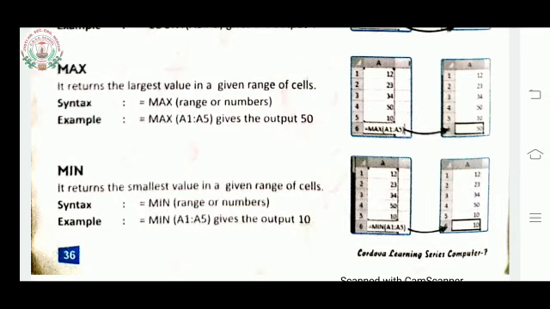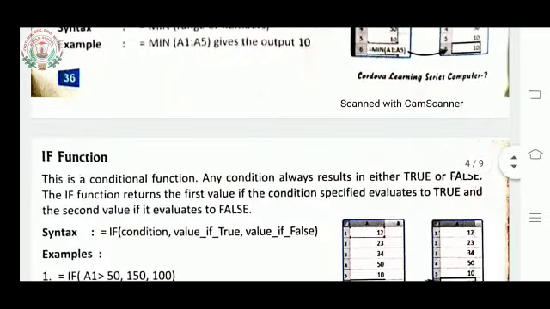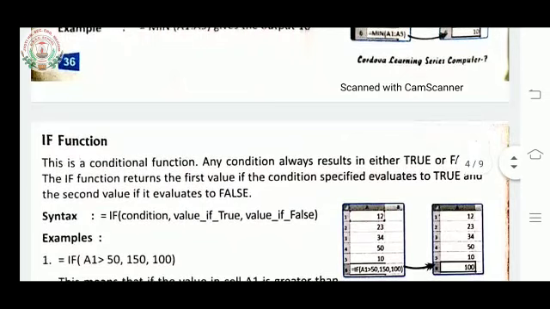Now, the next function is the if function. What is this if function? This if function is used when you are going to give a condition. Suppose you want to know whether you pass or fail. The passing mark in your exam is 33 out of 100.